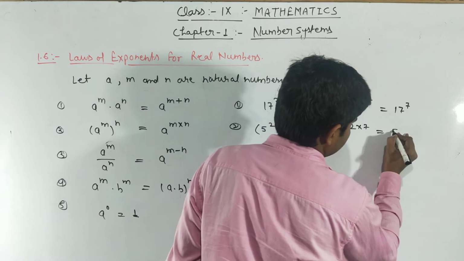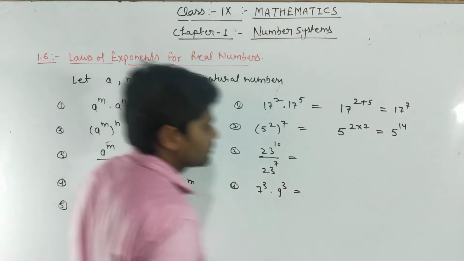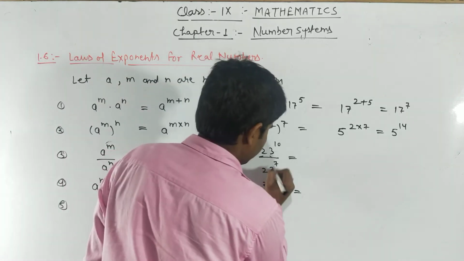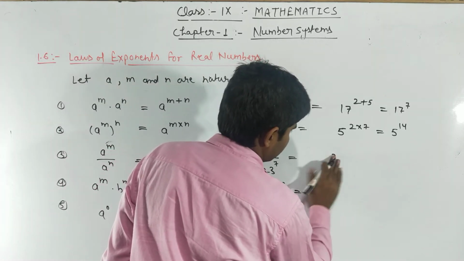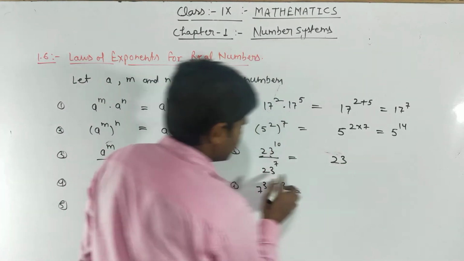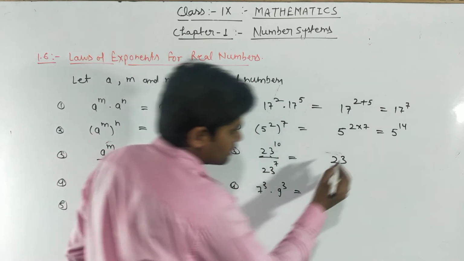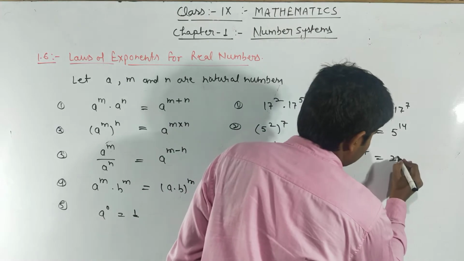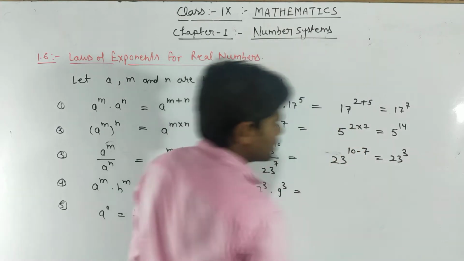So 5 raised to the power 14. Now here this identity, the bases are same, so 23 raised to the power 10 minus 7 is equal to 23 raised to the power 3.